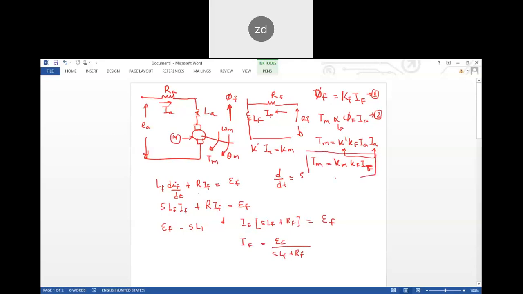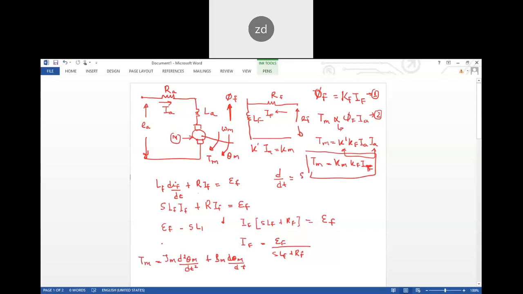Okay, another equation for the torque in terms of the moment of inertia is given as Tm is equal to Jm d square theta m by dt square plus Bm d theta m by dt. So this is one more equation.